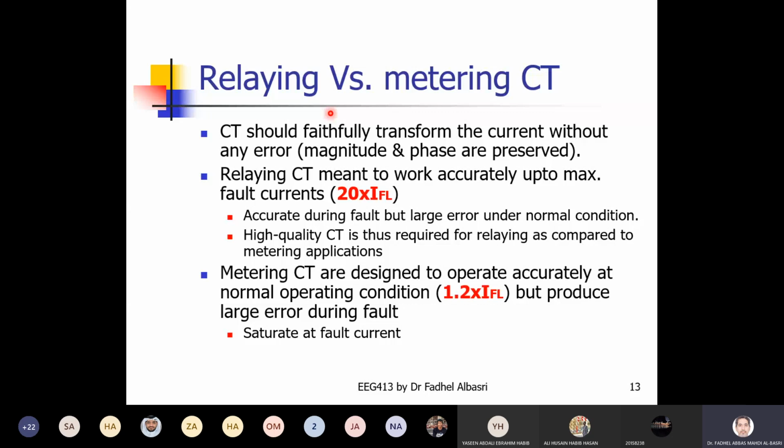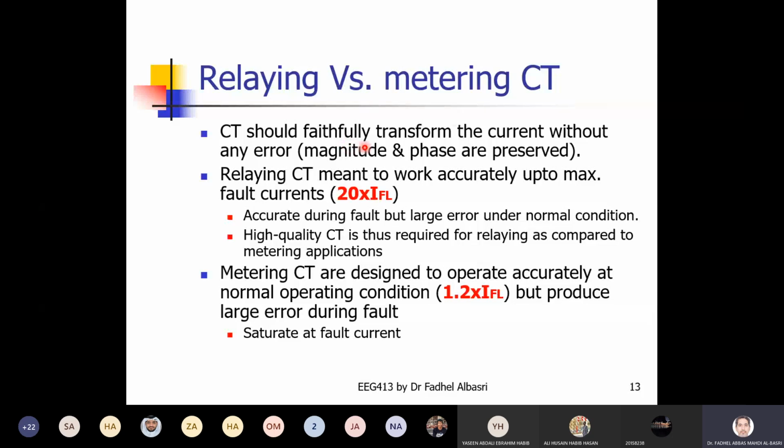So what's the difference between relaying and metering? When I say relaying, it means the CT is used for protection purposes, and metering means the CT is used for measurement purposes. What's the purpose of a CT? Generally, I want to produce a secondary output which faithfully represents the primary current.